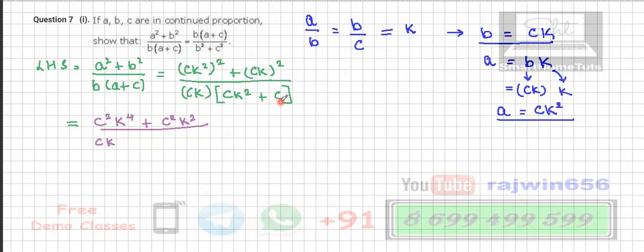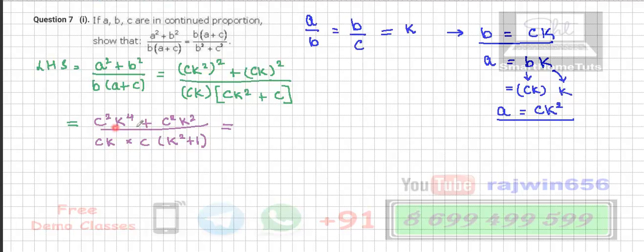From this, C is common inside the brackets. What is remaining inside is K square plus 1. This is equal to, I'm going to simplify both the numerators as well as the denominators. I can't do any cancellation over here because here plus sign is there.